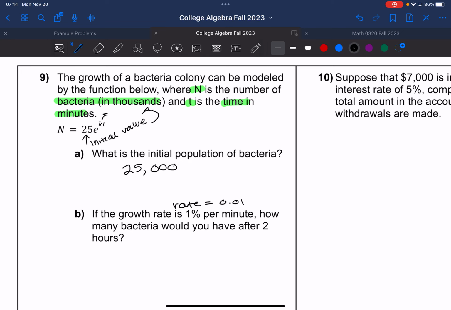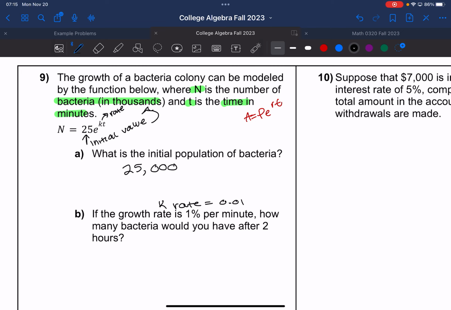Typically we see that as r, but they could change that variable for rate to whichever they want. We know that's rate because if we look at our typical formula, A is equal to P times e to the power of rt, notice how that r is in the same place as the k. So our k value is the rate.